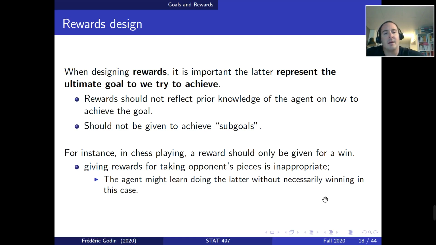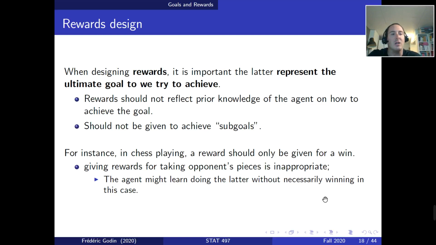And the reason is that sometimes, if you do that, the agent might learn to take many pieces, but still lose his game. Okay, so if you reward him for taking pieces, the agent will take a lot of pieces every game, but it doesn't mean it will win because sometimes some moves will involve taking pieces, but will ultimately be self-defeating. Okay, so this is why you should really only give rewards when the final goal is attained, not for intermediary goals, which you think might be good eventually.